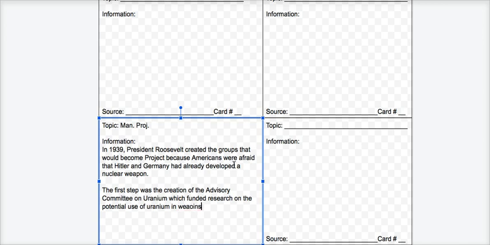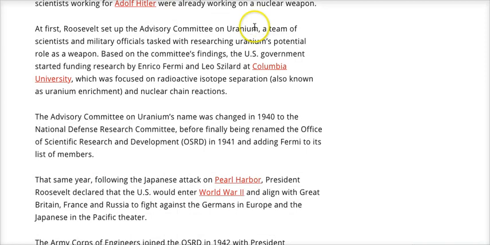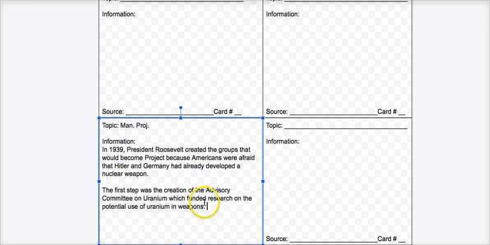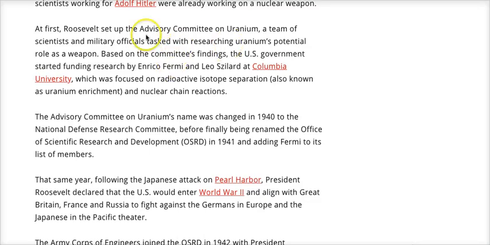Let's see if I got that right. So they were tasked with researching uranium's potential role as a weapon based on the committee's findings, funding research, focusing on radioactive isotope and nuclear chain reactions. Let's see. Funded research on the potential use of uranium in weapons. Tasked with researching potential role as a weapon.